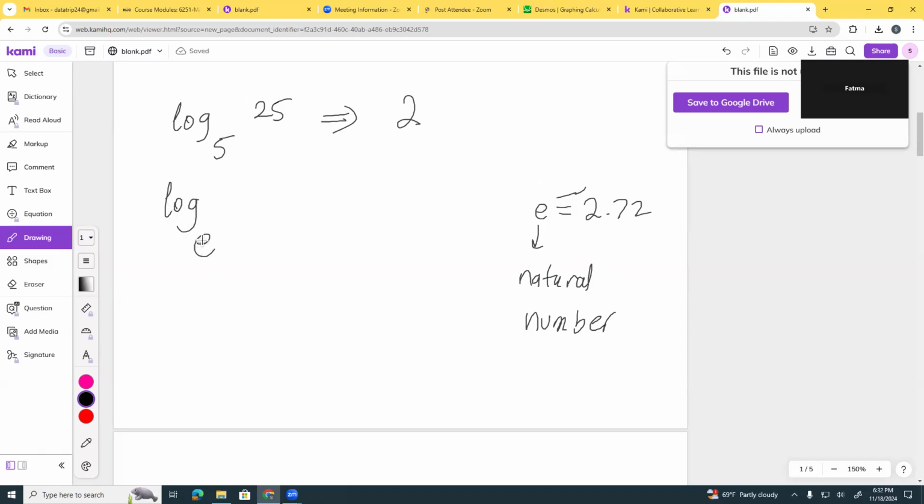So when it is log base e, they don't just call it log base e, they simply call it ln. So ln is a log function where the base is e. The base is not 5, not 10, not 2, the base is e, so we simply call it ln. And ln e is 1 because if ln means the base is e, I need to raise e to the first power to still get an e. Therefore, ln e is equal to 1.